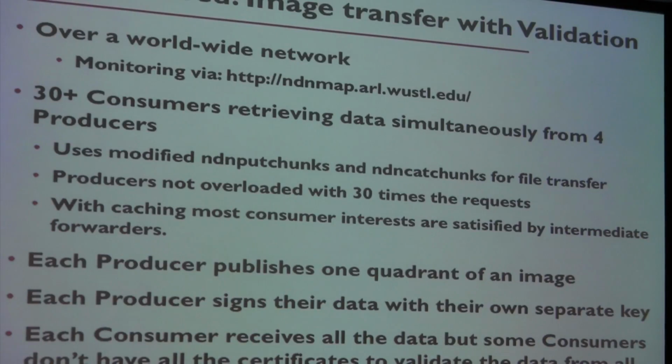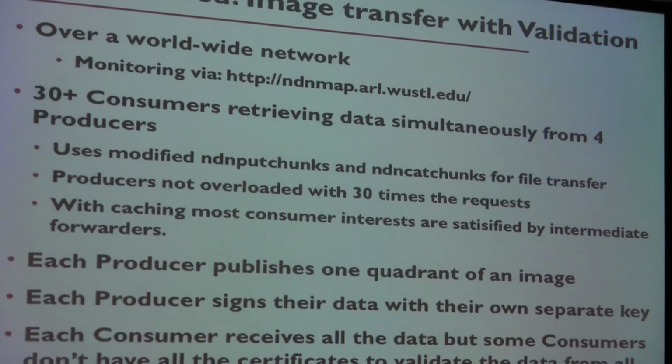Again, because of the caching, most of the consumer interests are going to be satisfied by intermediate routers. Each producer publishes 1 quadrant of an image. Each producer signs their data with their own separate key, and each consumer is going to receive all the data, but some consumers are not going to have all the certificates to validate the data from all the producers.